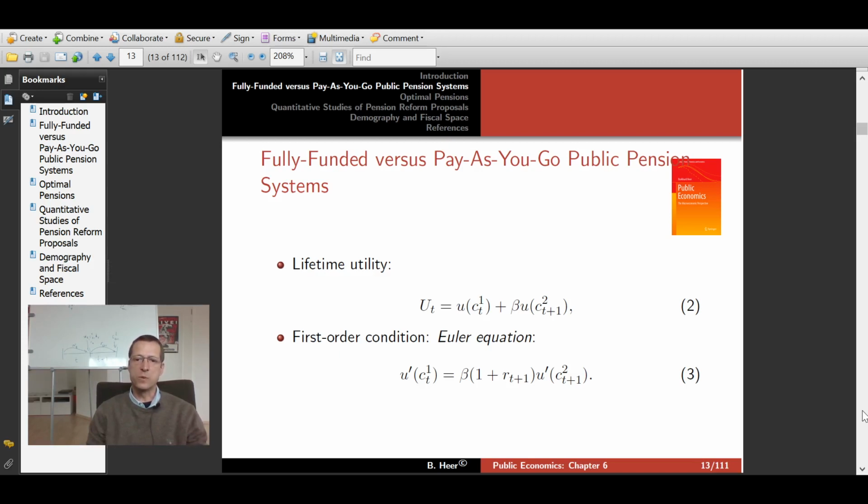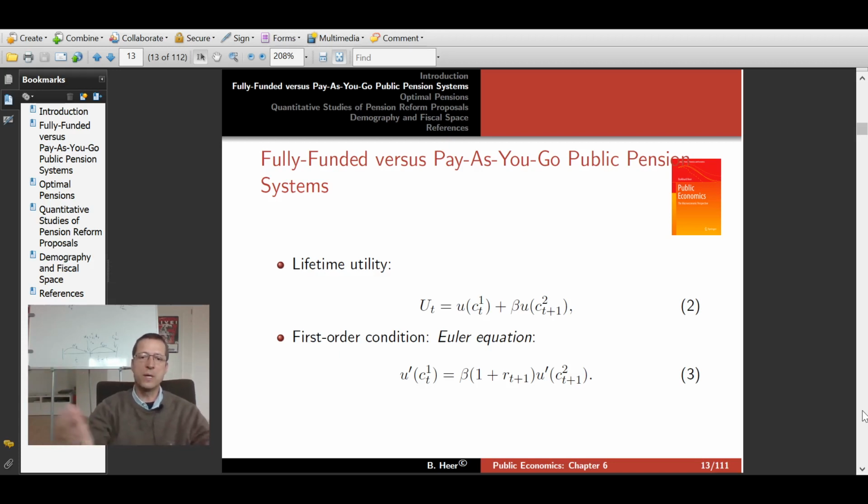So equation 3 states that the marginal utility of consuming an extra unit today is the same as if we invest this unit in the capital market, get the interest rate 1 plus R over the period T plus 1, and consume it at the end of the period T plus 1, where we get marginal utility U prime, which we discount with the factor beta. So we must be indifferent between consuming an extra unit today or saving it and consuming it in old age.